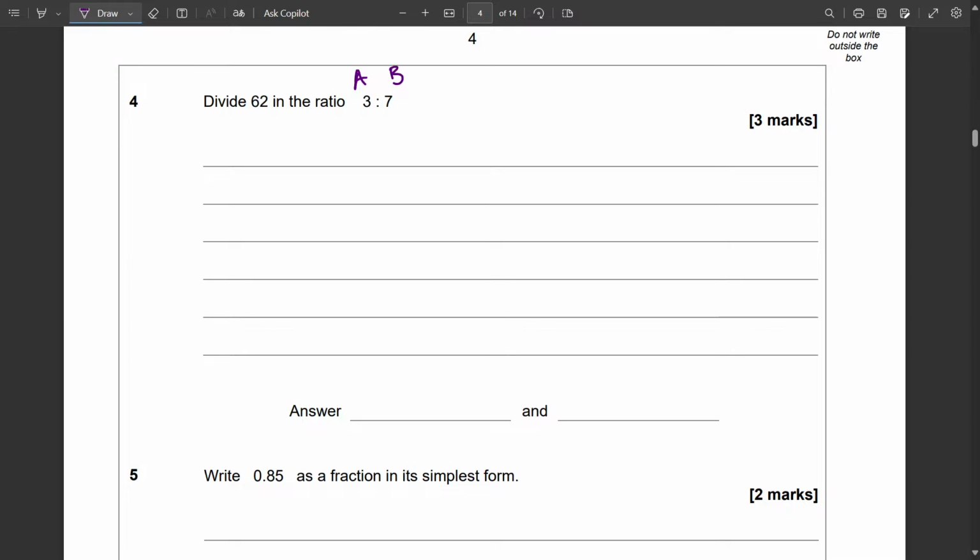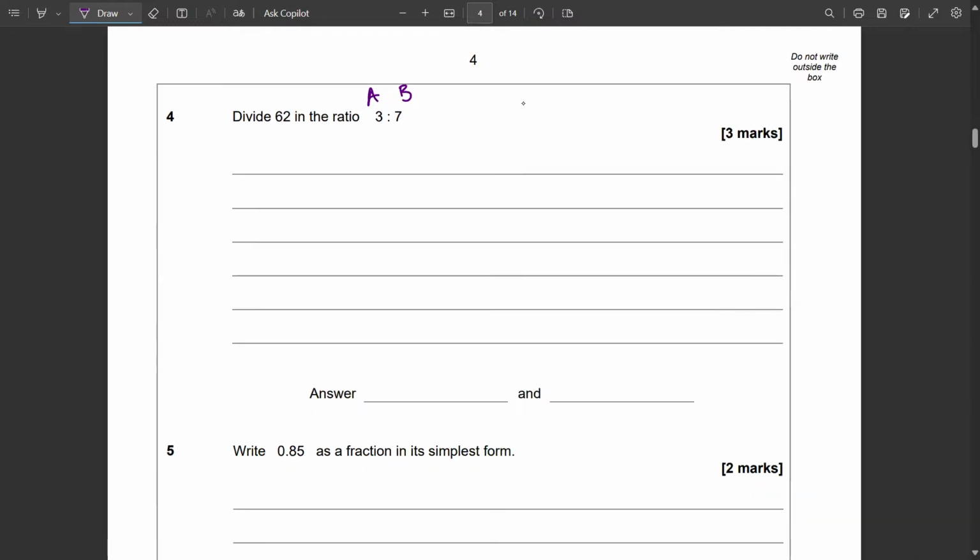Obviously A and B are not going to get 31 pounds each. The person who did 3 hours should get the money for the hours they worked. So first, work out how many parts there are altogether: 3 add 7 gives you 10 parts, or 10 hours altogether.